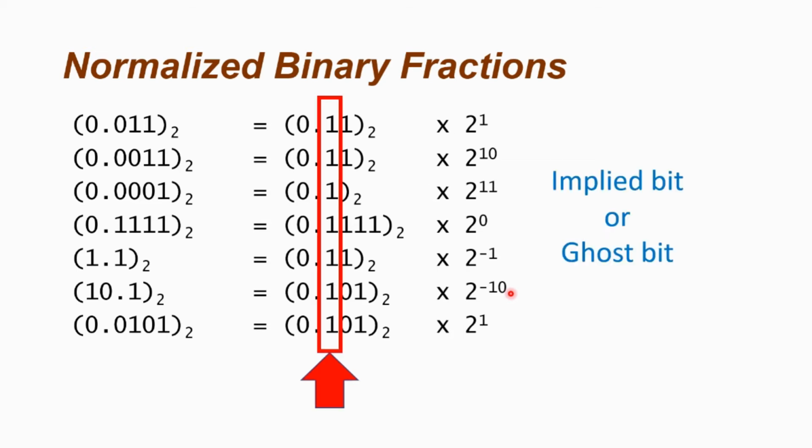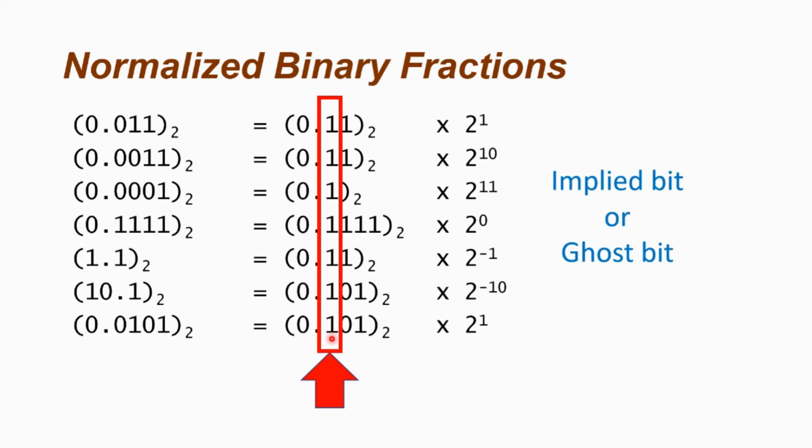We observe that in the normalized binary fractions, the first digit after the decimal point is always 1. This is not surprising. The rule we have is that the first digit after the decimal point should be non-zero. And in base 2, there are only two digits possible, 0 or 1. So if it is non-zero, the only possibility is that the first digit after the decimal is 1. This gives us a very interesting trick.